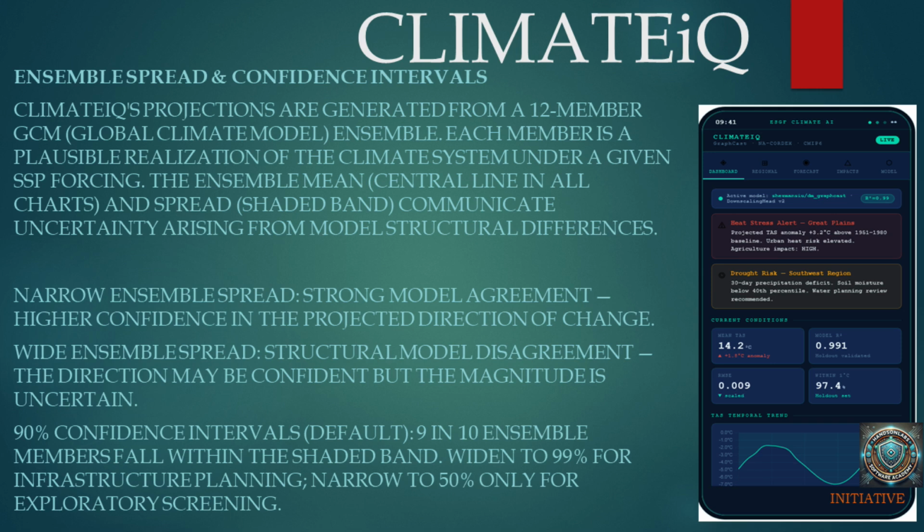The ensemble mean, that's the central line in all charts, and the spread, the shaded band, communicate uncertainty arising from model structural differences. Narrow ensemble spread, strong model agreement, shows higher confidence in the predicted direction of change. For wide ensemble spread, structural model disagreement, the direction may be confident but the magnitude is uncertain.